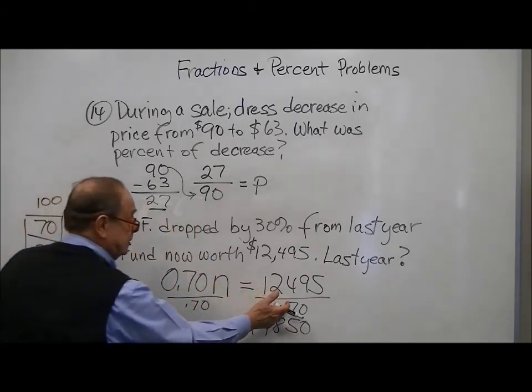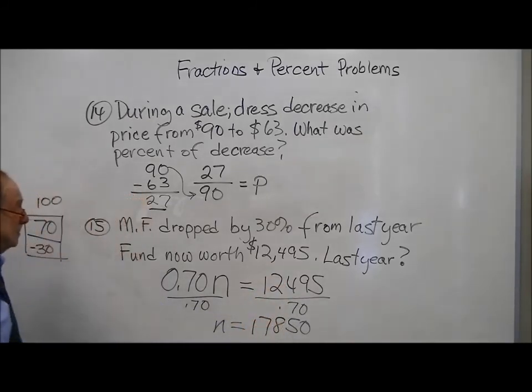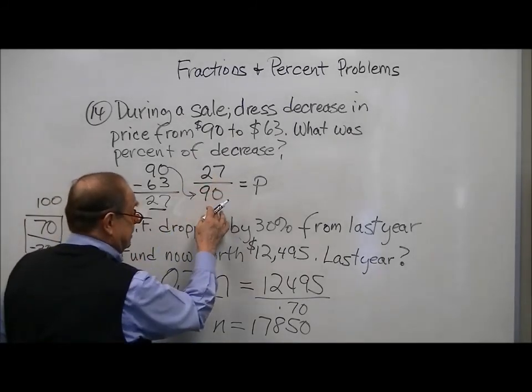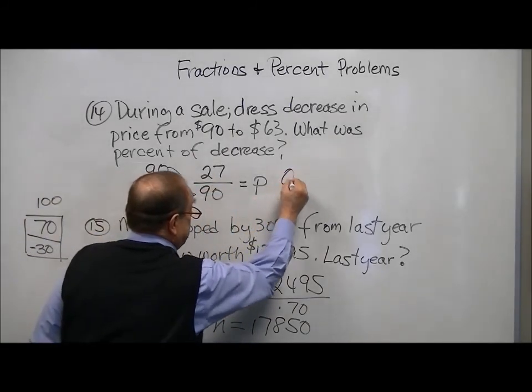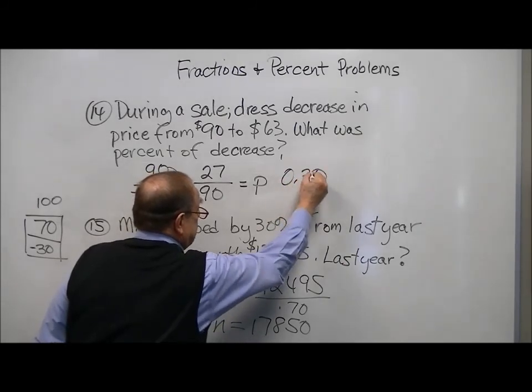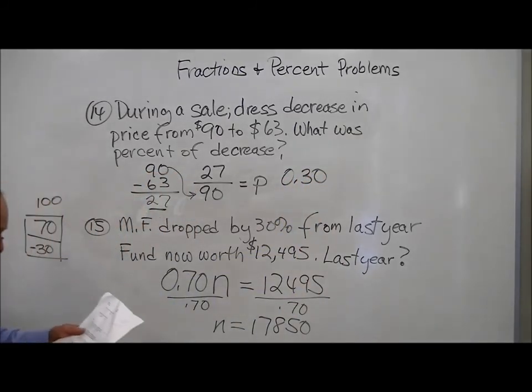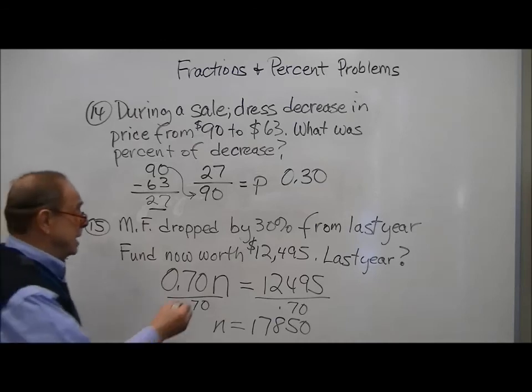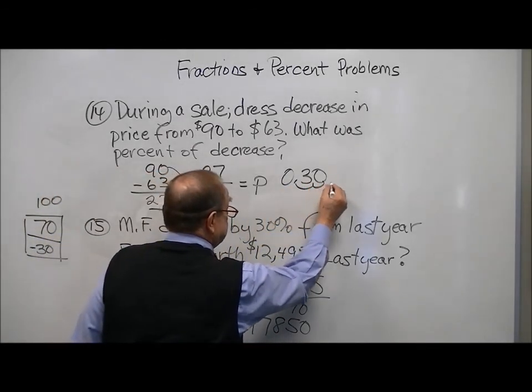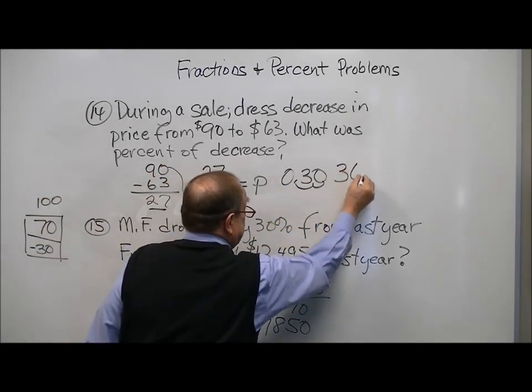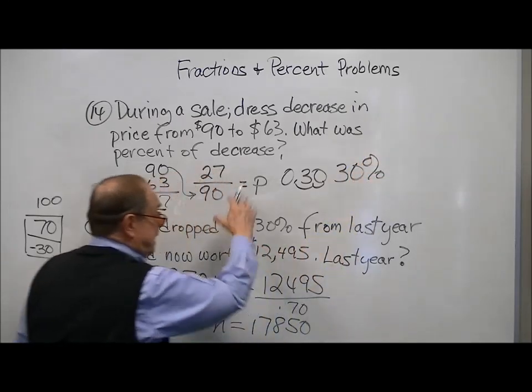And you can put that in your calculator and check it. And for number 14, when we put this in our calculator, it comes out to 0.30. And again, they want a percent, so we have to move the decimal place over and add a percent sign. And that wraps this up.